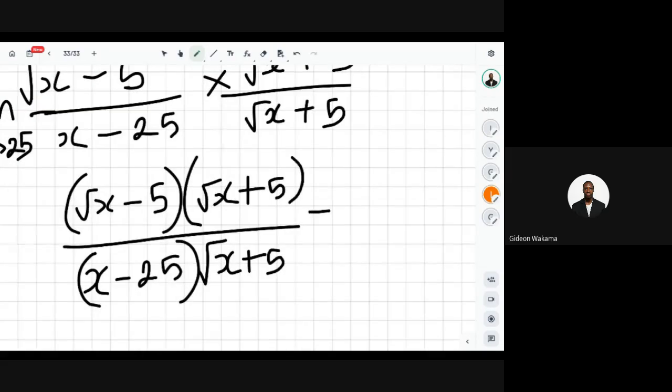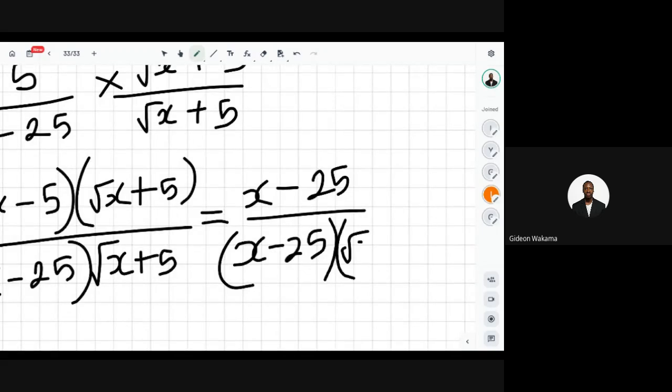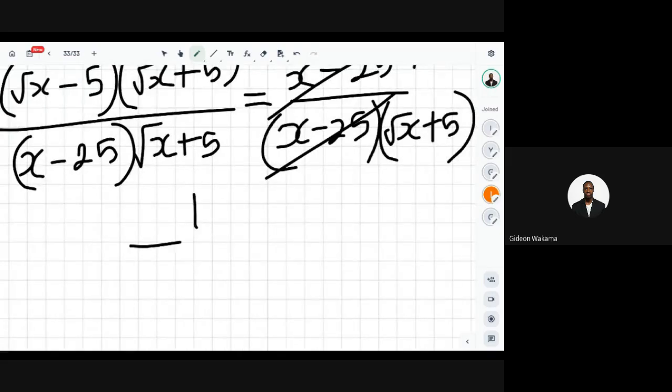If I open this difference of two squares, I'm going to have x minus 25 over x minus 25 times root x plus 5. And so this cancels out. I'm left with 1 over root x plus 5.